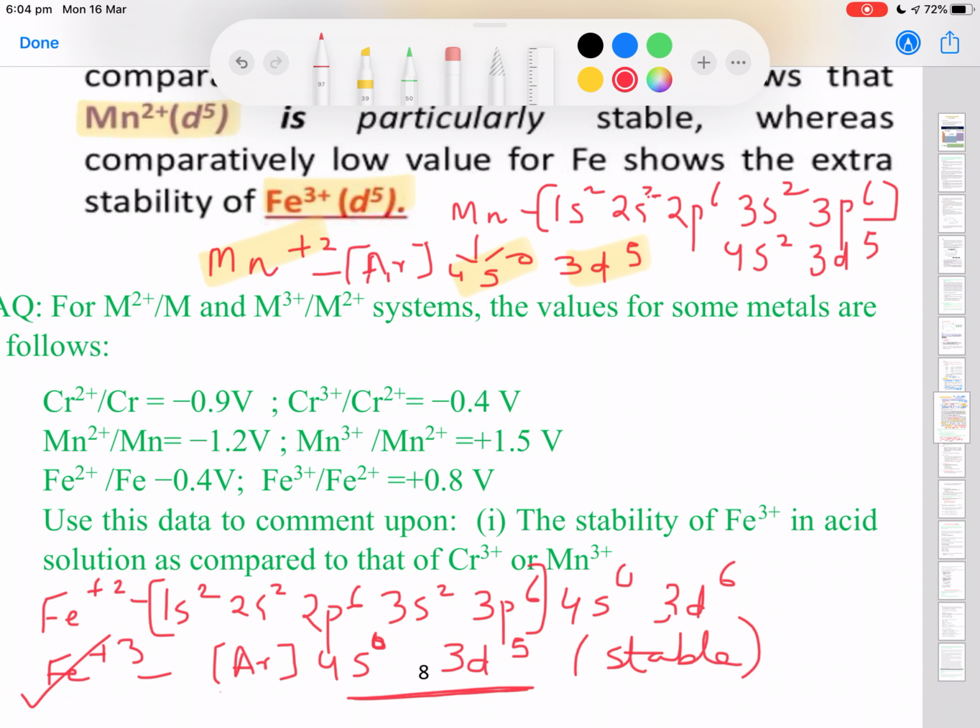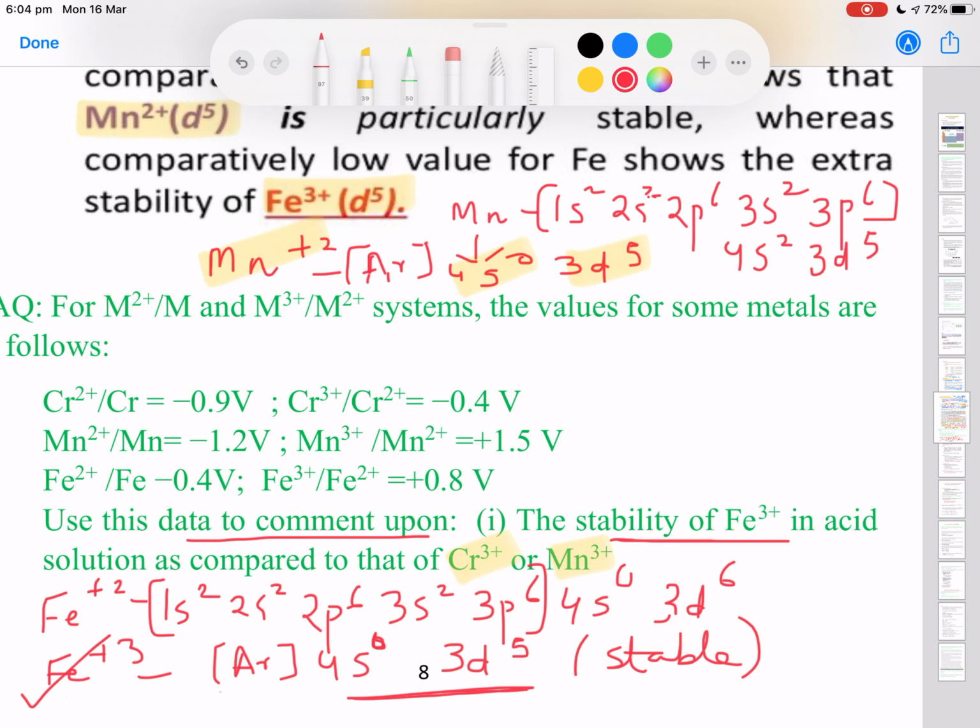Now my question is, this data is given to you. So using this data, you have to comment whether Fe3 plus state will be stable in comparison to chromium 3 plus or manganese 3 plus. So how do I decide?